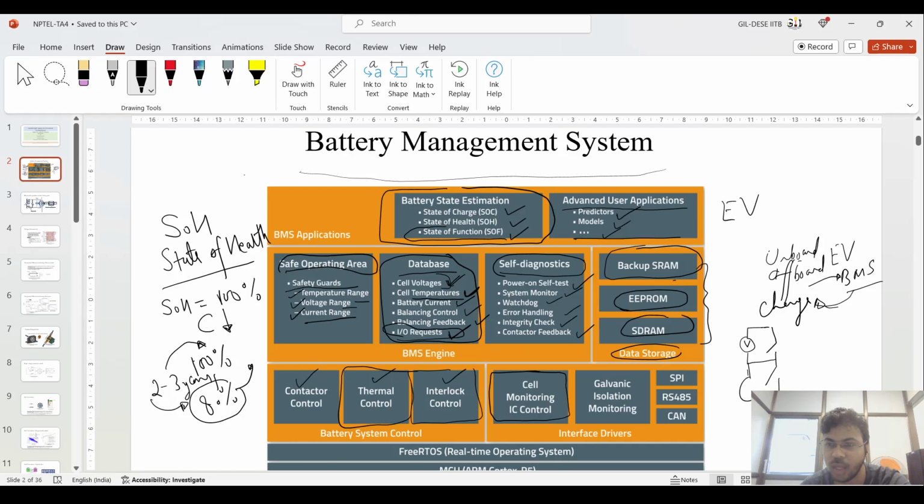Each cell monitor is connected, say a voltage sensor in parallel with this battery, and another voltage sensor connected to the other battery. So cell monitoring means voltage monitoring. If you also connect an ammeter, a current sensor, in between, it measures the voltage and current of the battery and safeguards it, whether it is overcharging or going beyond the voltage limit. So it will correctly switch off that system.